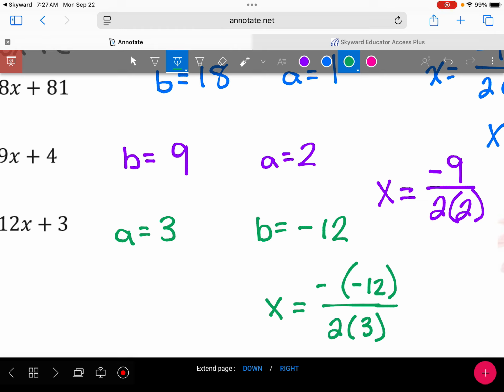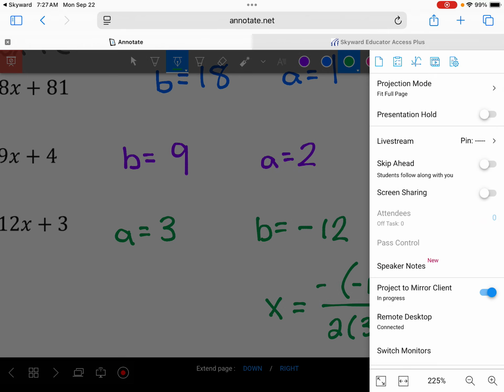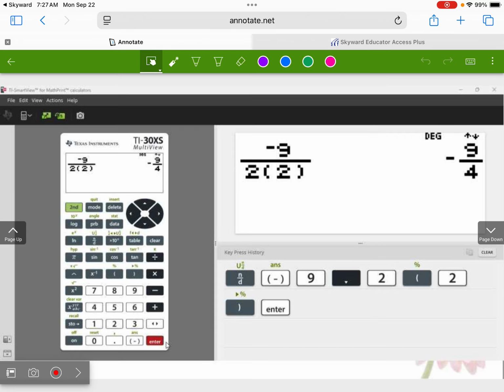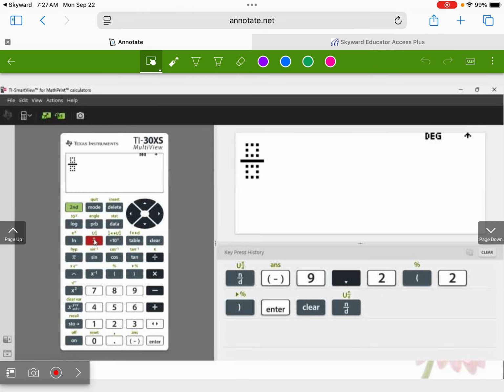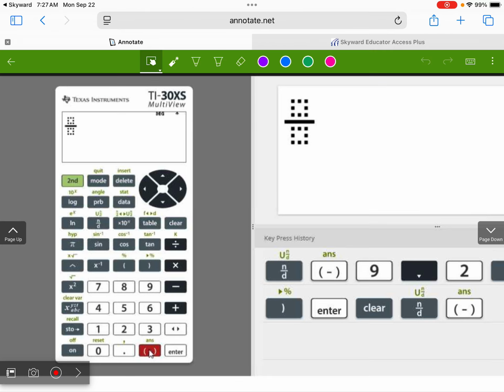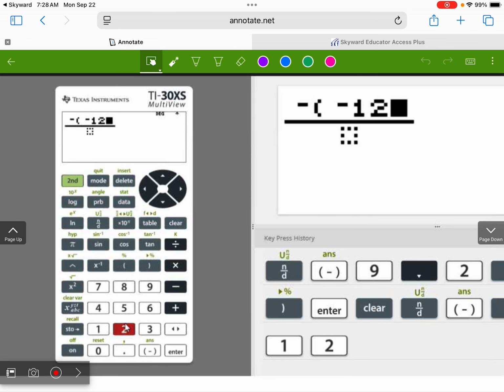And again, you can type that in the calculator just like that, even with the double negative going on, where I have my second column, third button down fraction. The opposite of negative 12 over 2 times 3.